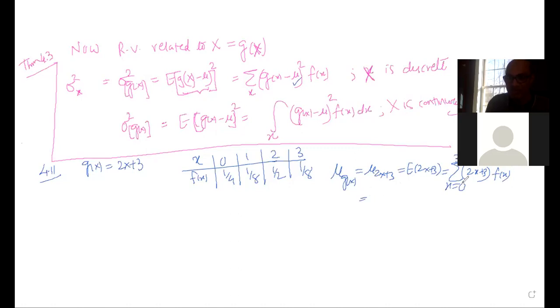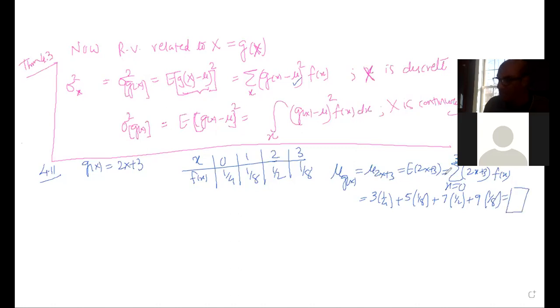So for x equal to 0, it is 3 times f of 0, which is 1/4. Then x equal to 1: 2 plus 3 is 5, times f of 1, which is 1/8. Then x equal to 2: 2 times 2 is 4, plus 3 is 7, and it is 1/2. And x equal to 3: 2 times 3 is 6, plus 3 is 9, and 1/8.